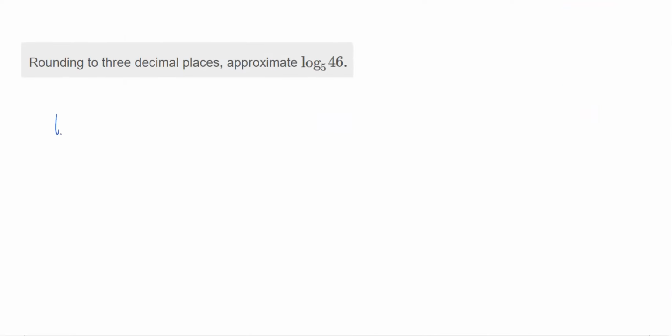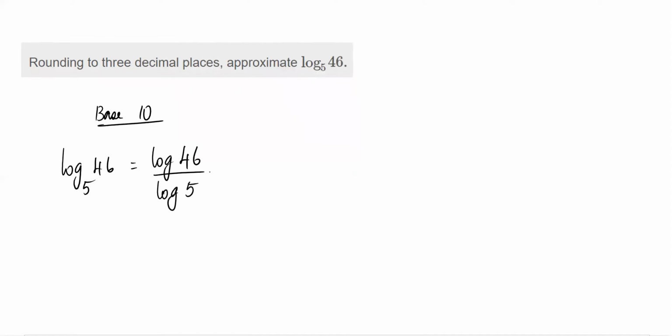Let's try this one. Log, okay, let me do base 10. So log 46 to the base 5 would be log 46 over log 5. No base written explicitly, so you know it's base 10.